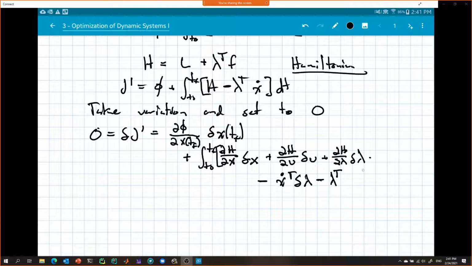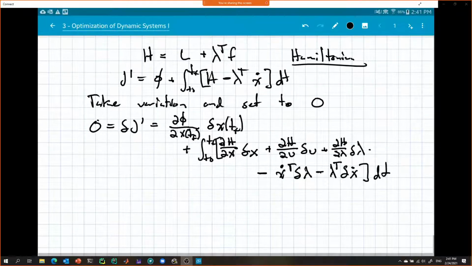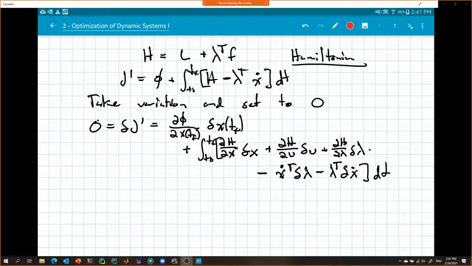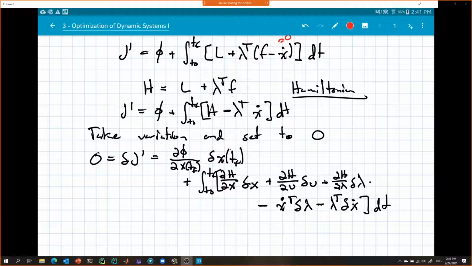The product rule applies the same way it does in normal calculus, dt. So we have these terms inside. Luckily, here, the partial of the Hamiltonian with respect to lambda, if we go back up, that's just f. So this is equal to f, which then is equal to 0. So then this is equal to 0. So we can eliminate that.